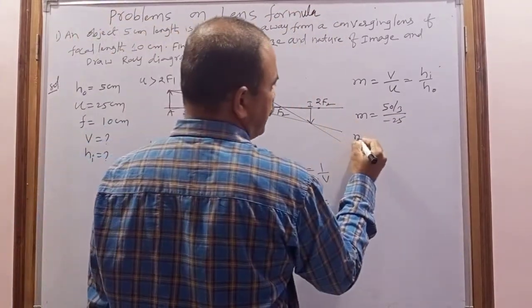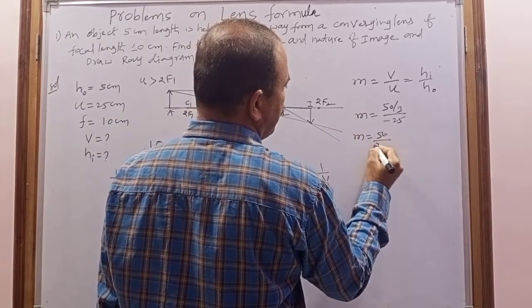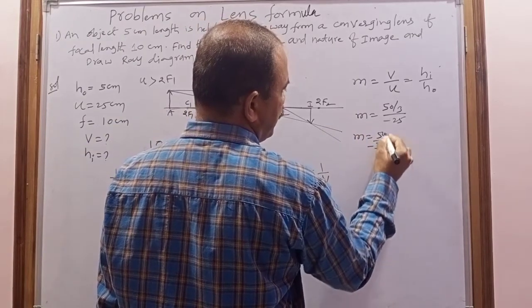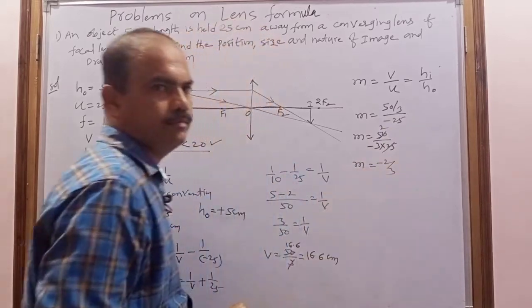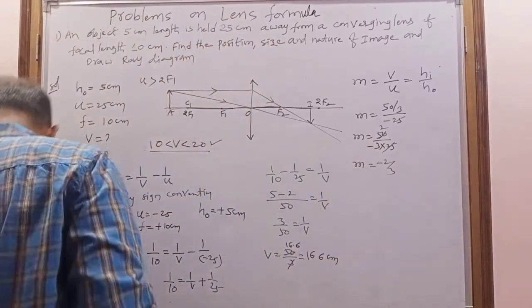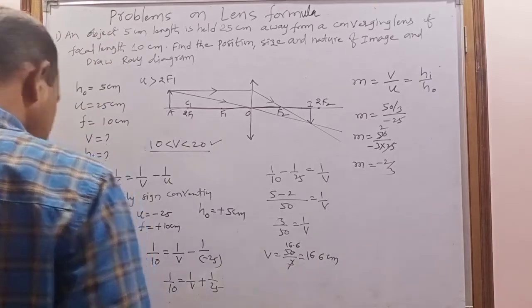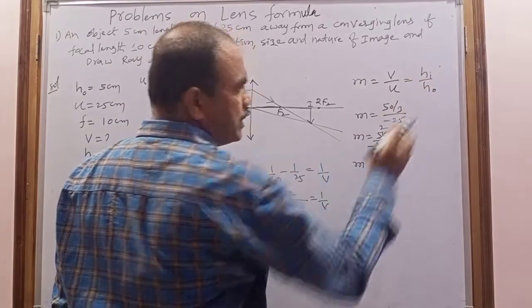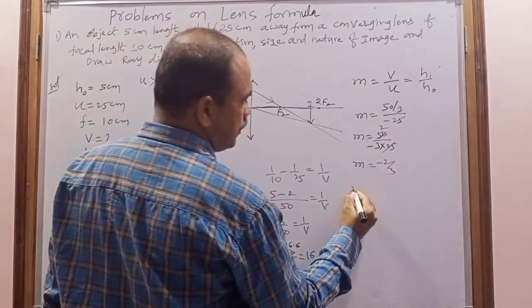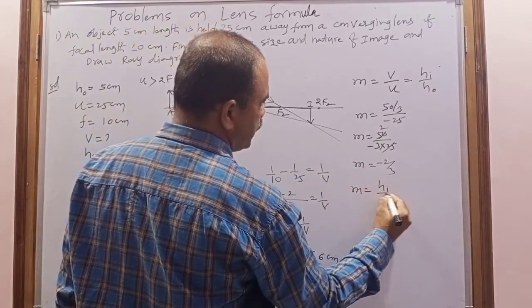Next, simplify. So M equal to 50 by 3 into minus 25. 25 1 the 25, 3 the. And M equal to what you got? Minus 2 by 3. So when you find the magnification, then by using this formula, M equal to height of the image by height of the object.